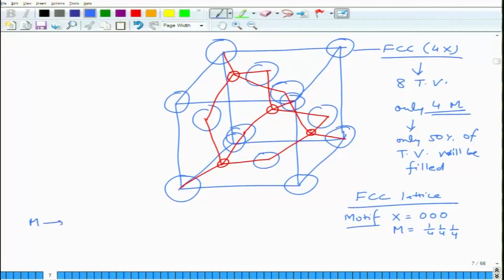So, basically M makes an FCC lattice, X makes an FCC lattice, but they are shifted with respect to each other by a vector 1/4, 1/4, 1/4.